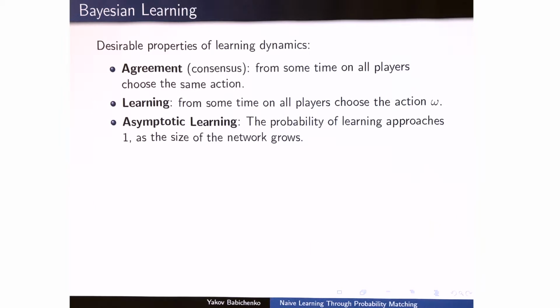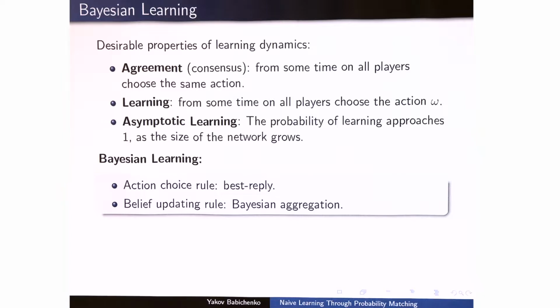Obviously, it is impossible to achieve learning with probability 1 in small networks, because even if we gather all the information of all the agents, it still doesn't have a probability of 1 of success. We want some law of large numbers. So we focus on the notion of asymptotic learning, asymptotic with respect to the network size. We want the probability of learning to approach 1 as the size of the network grows. This is the desirable property that we will focus on.